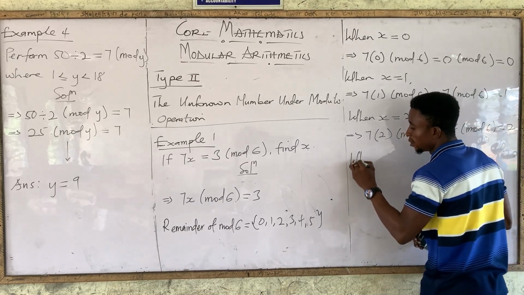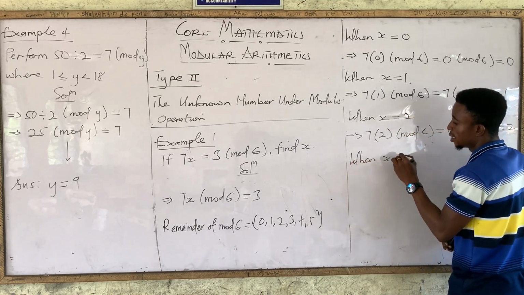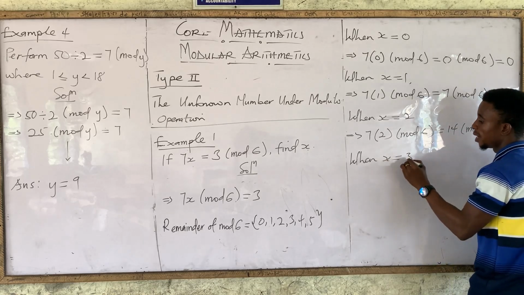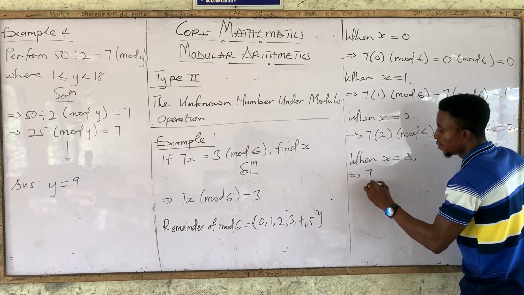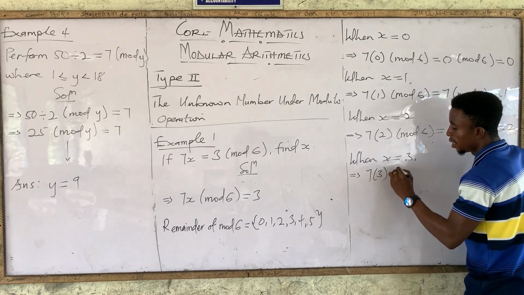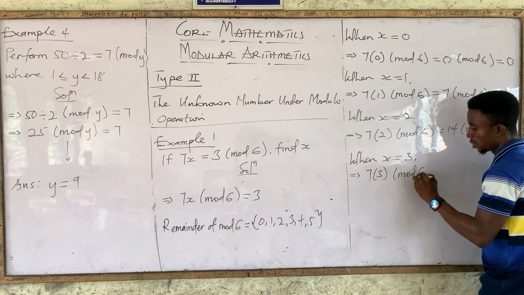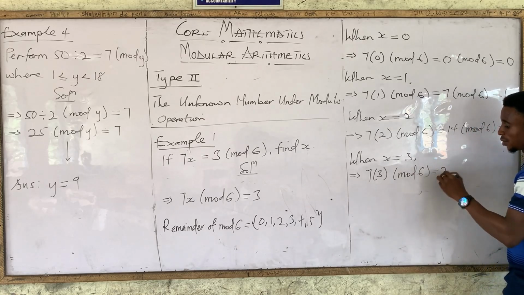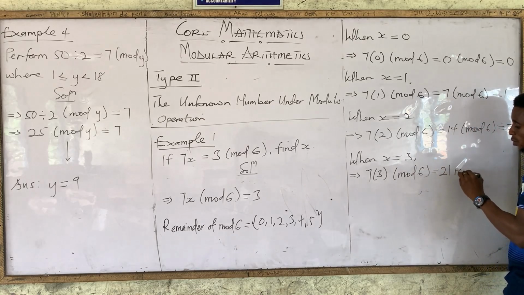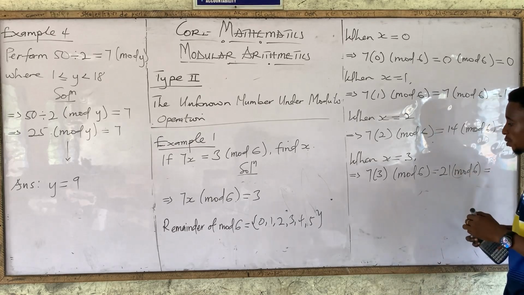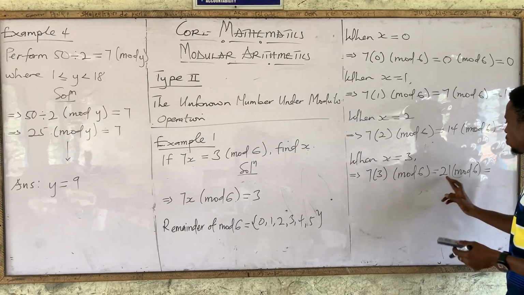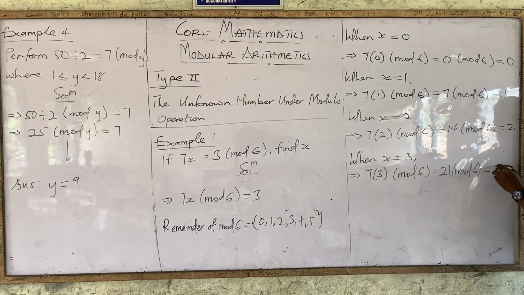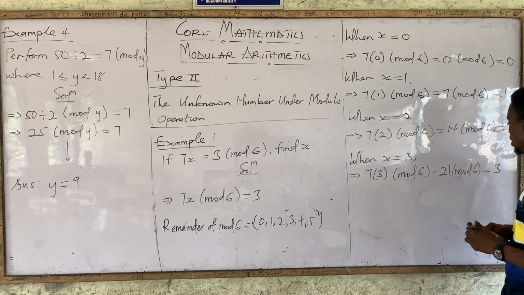So when x is equal to 3, we have 7 into bracket 3 in mod 6, and that is 7 times 3, 21 in mod 6, which is equal to, 6 times 3 is 18, 21 minus 18, so what is left is 3. Okay, so we have 3.